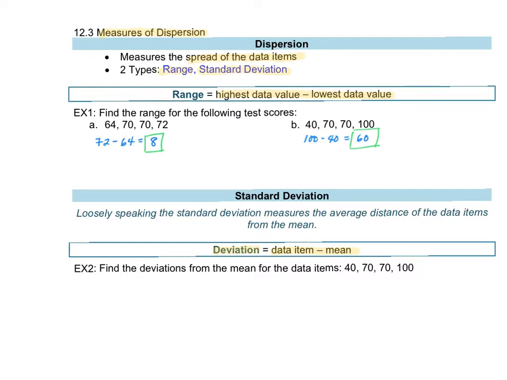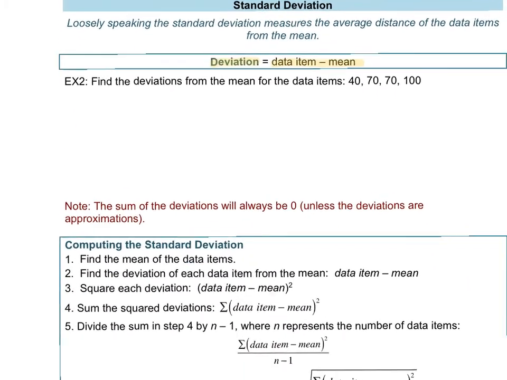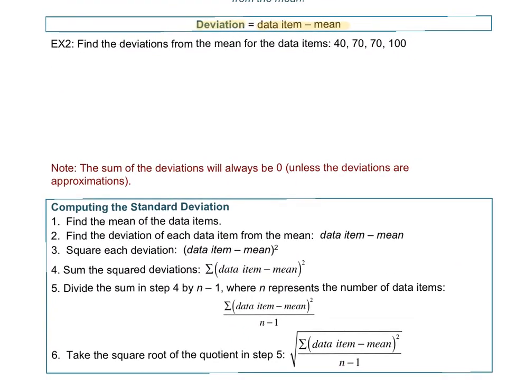In example 2, we're going to find the deviations from the mean for the following data items. So that would be 40, 70, 70, and 100. Since we have to take our data items and subtract the mean, I need to find the mean, which I don't have. The first thing I need to do to find the deviation is compute the mean.